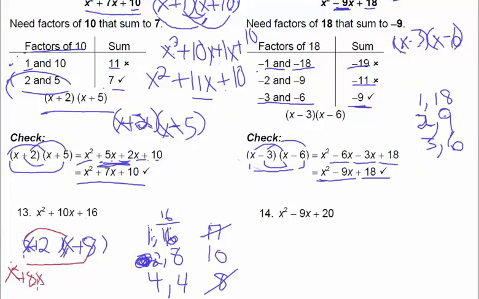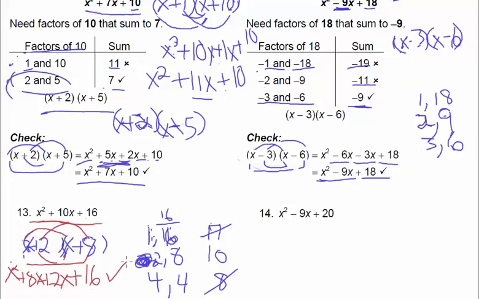The inner would be 2x. And then the last times last would be 16. And then when you add your middle terms together, you're going to get x squared, 8x plus 2x is 10x. And then we have the plus 16. So it does check, it's going to work, and we got the right solution there.